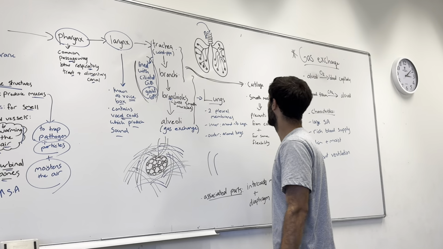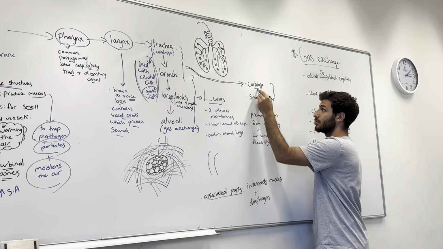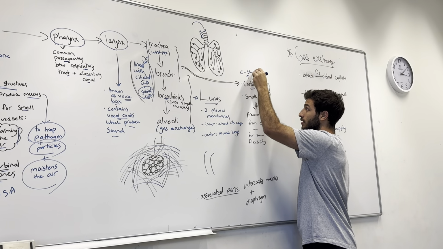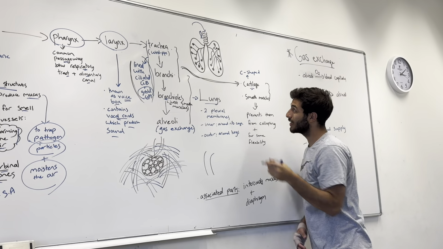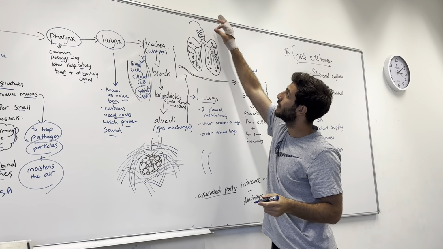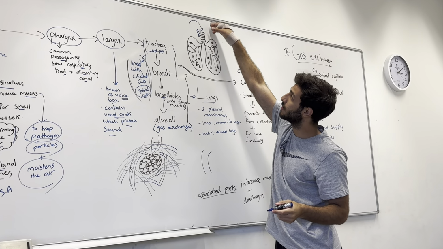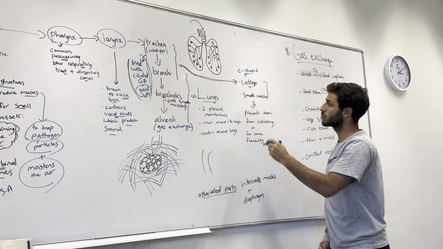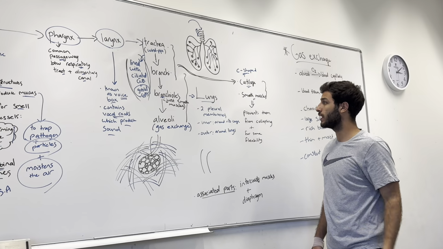They have cartilage, and this cartilage is C-shaped. As you can see from the diagram, they're basically C-shaped cartilage. That's why we call it C-shaped cartilage. And they also have smooth muscles in between filling up the gaps.